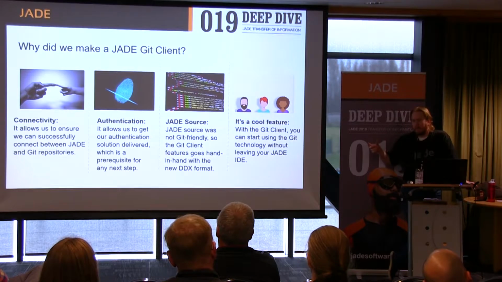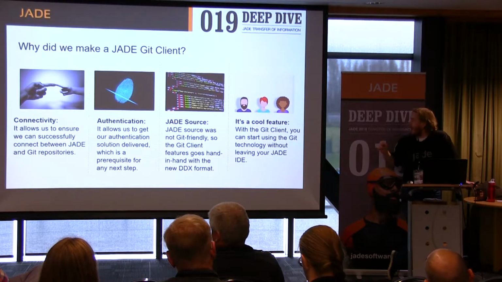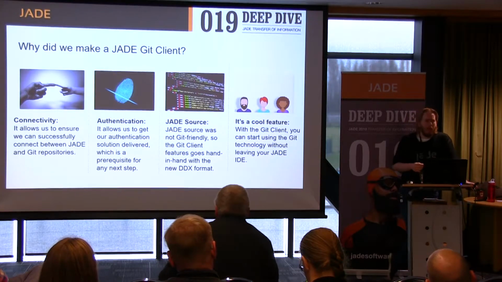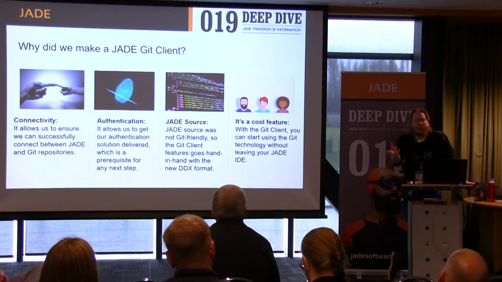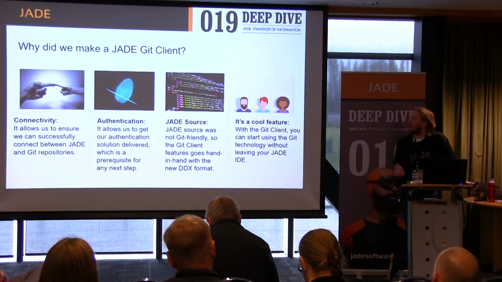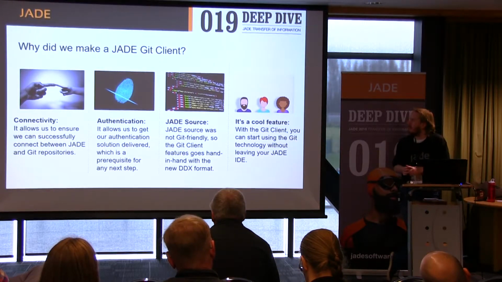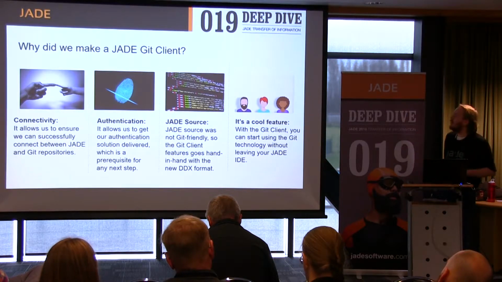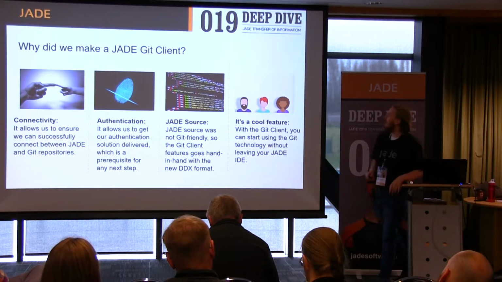What we did, well, we made that Jade library. We can now do all of the things that you need to do to connect to Git. And while we've got that, we may as well give that in a way that you can actually see and put your hands on. So we might as well make a Git client. Most of the work is actually in getting that connectivity that you can then build on. So this is really about a building block.